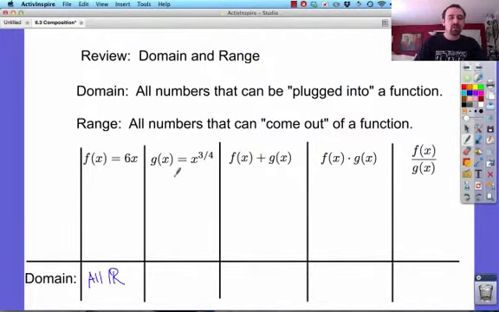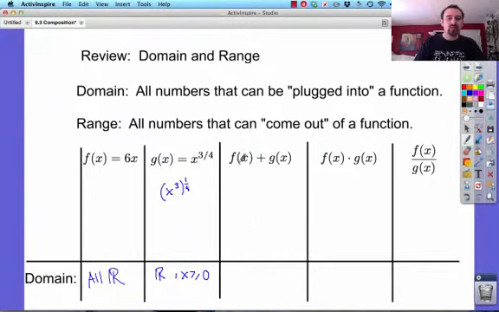Now remember that anything to the 1/4 power, so if I write this as x cubed to the 1/4 power, well, I can cube any number, that's okay, but I can only take an even root of a positive number. So this is all reals such that x is positive. Okay, so that's our domain here.